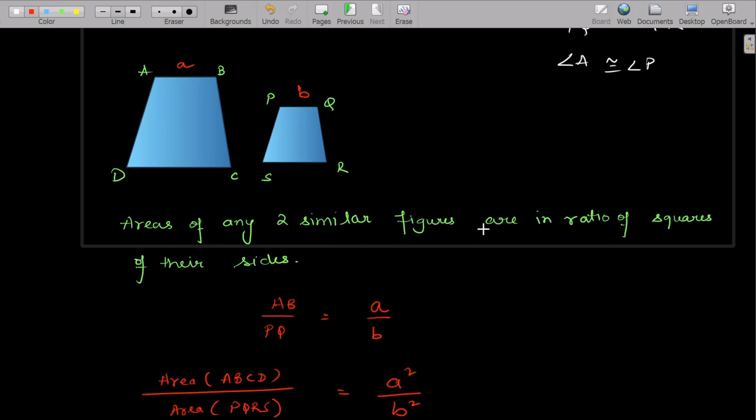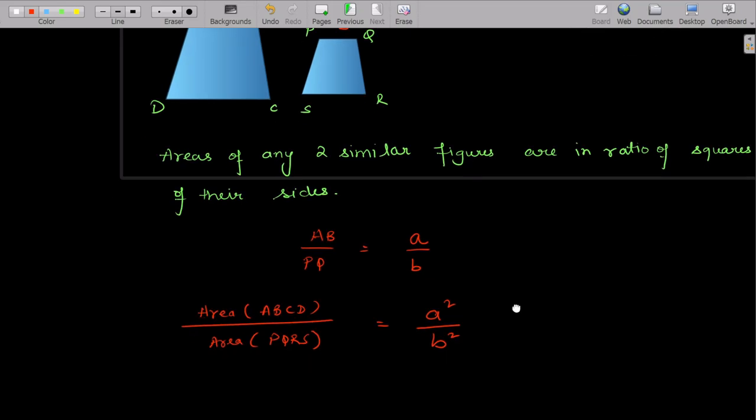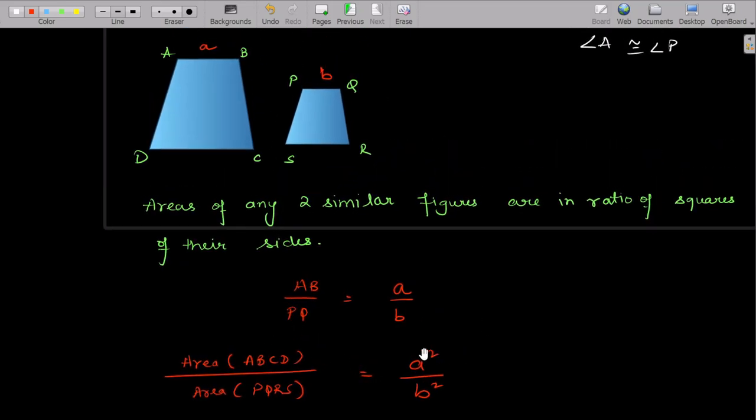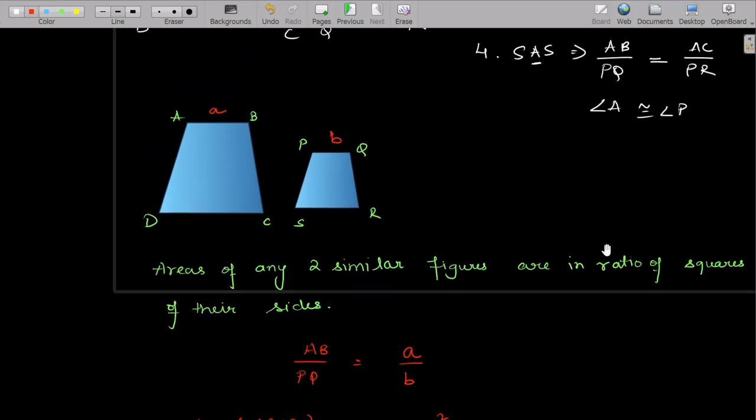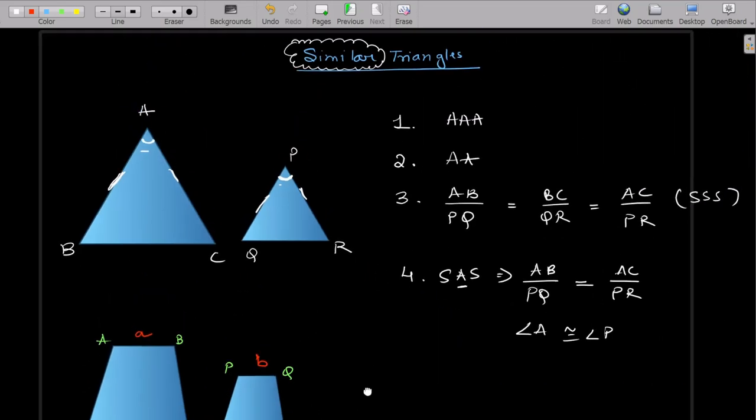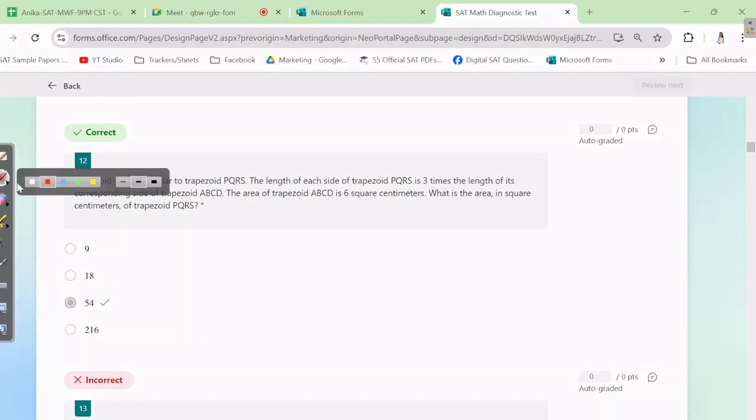Areas of any two similar figures are in ratio of squares of their sides. And this will work for any figure, not just for trapezoids but for triangles, for any figure.